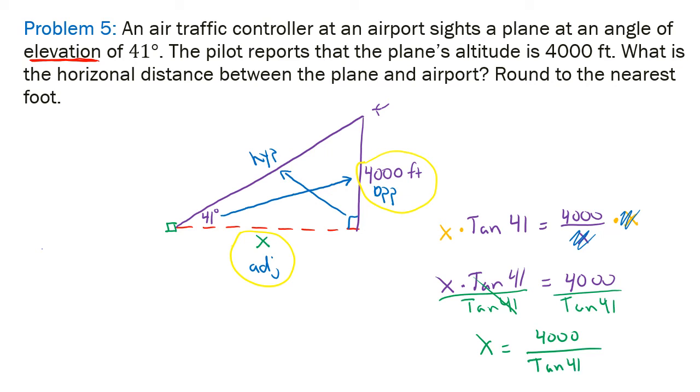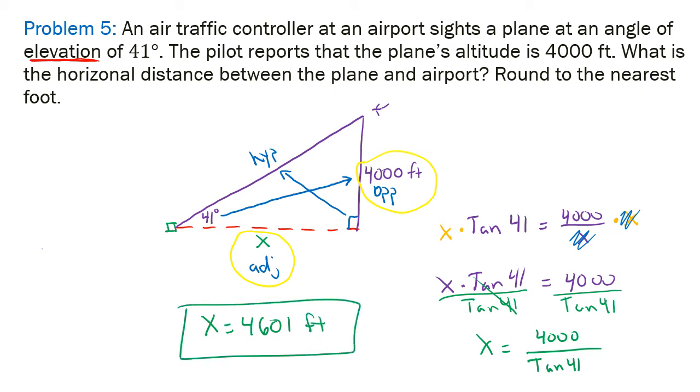And this is where we're going to go to our calculator and type that in. So 4,000 divided by tan 41, close parentheses, and we're going to get x being 4,601 feet. And so that will be the distance from the airport to the plane, the horizontal distance.